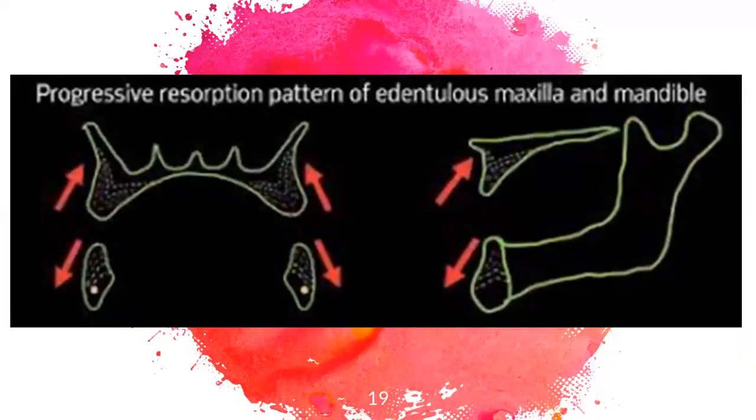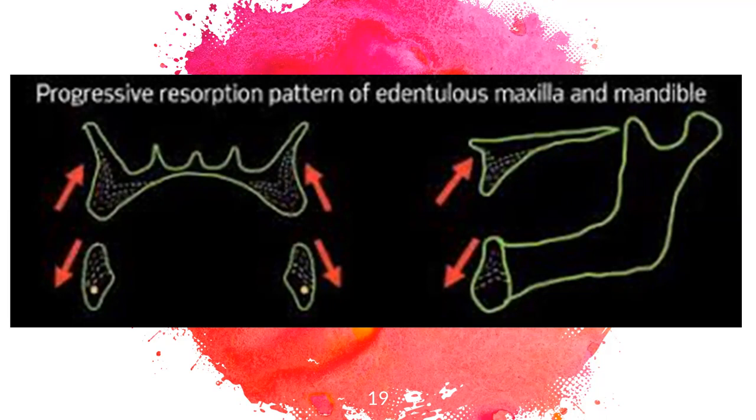As opposed to this, the mandible inclines outward and becomes progressively wider. Now, this opposing change of maxilla and mandible will lead to the patients appearing prognathic. Hence, you can conclude that residual ridge resorption is centripetal in maxilla and centrifugal in mandible.